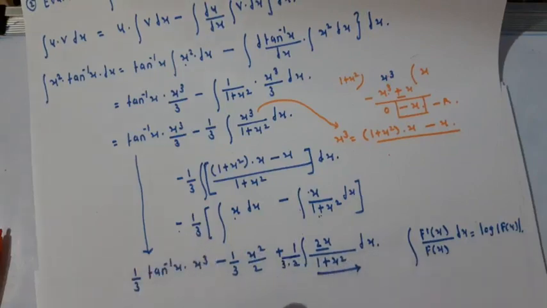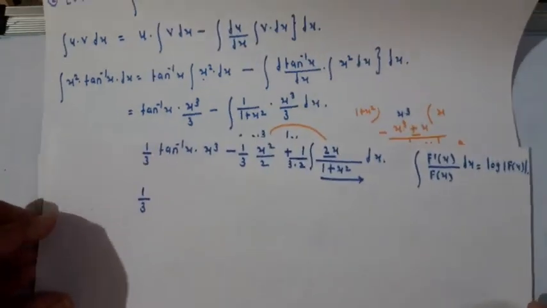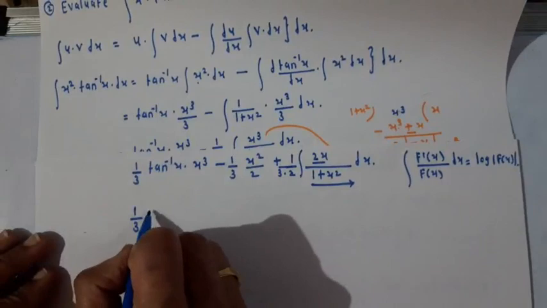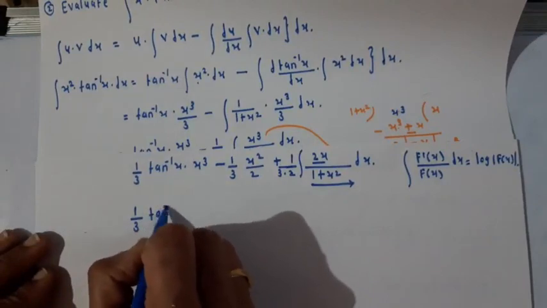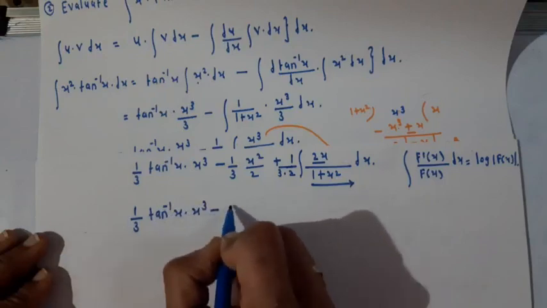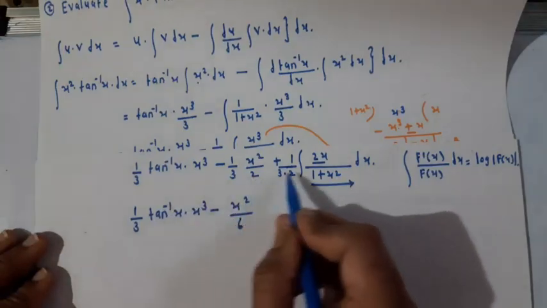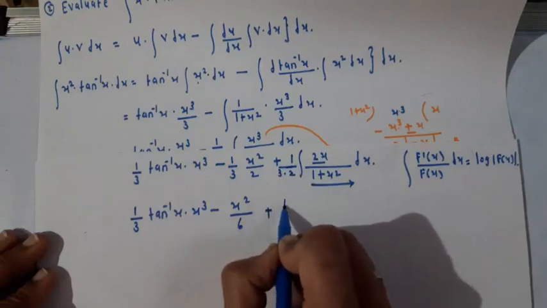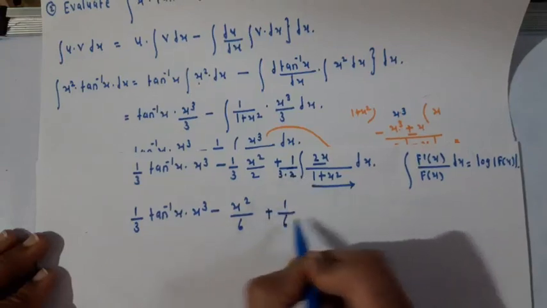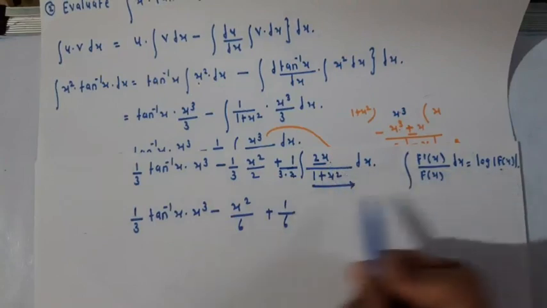And this is 1 by 3 tan inverse of x into x raised to 3 minus x square upon 6, plus 1 upon 3 into 2, 6, and f dash of x upon f of x, this is log of f of x.